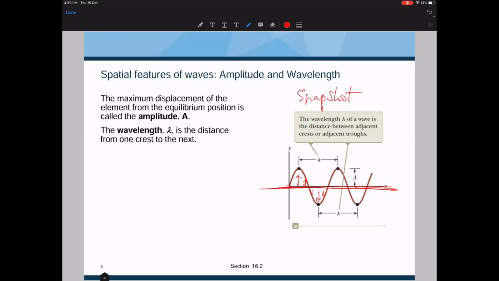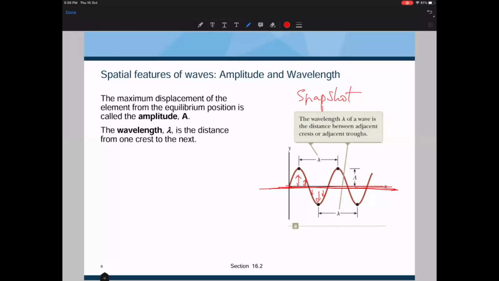First, it is what we call the wavelength. The wavelength is determined by the least distance in which the wave pattern repeats itself.